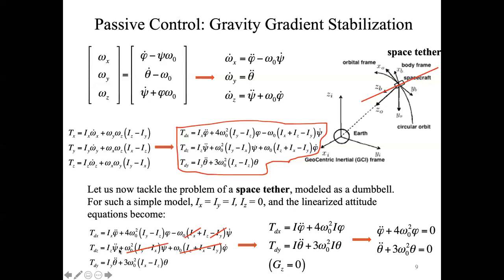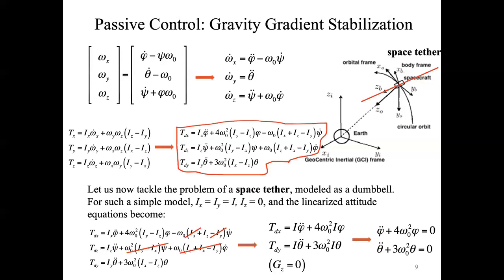So if we want to use the gravity gradient to stabilize the spacecraft attitude, or actually the space tether attitude, the gravity gradient is not going to provide any torque. Even if you have a disturbance in the z direction, this will be independent from the gravity gradient.